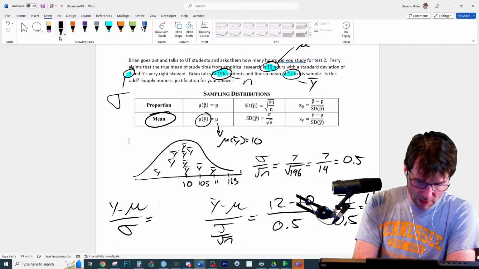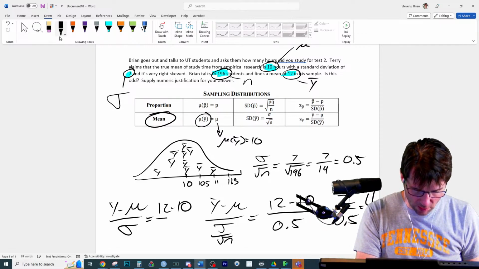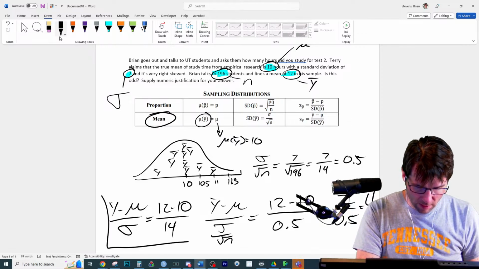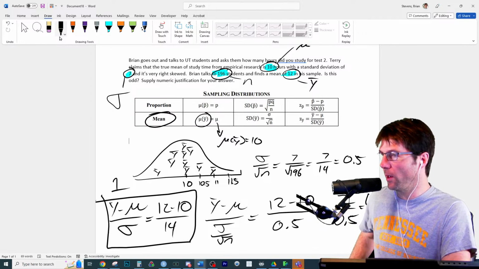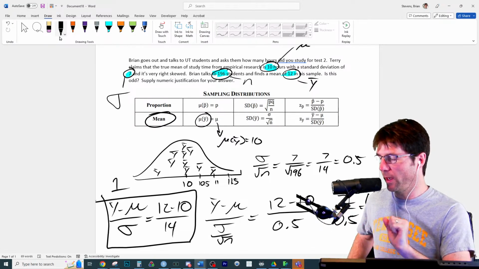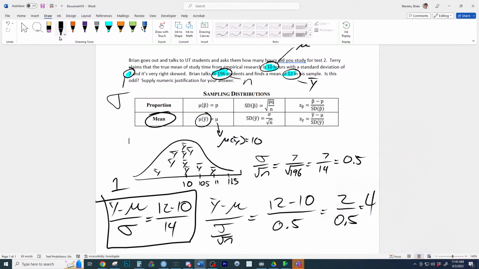So one student, 12 minus 10 over 14. That is one student, which is going to be a z-score of 1/7, 0.1428. So one student studying 12 hours is not odd.